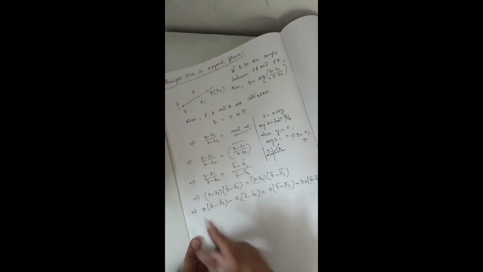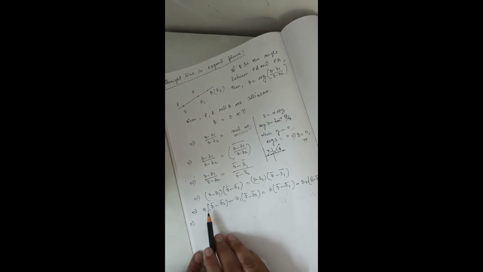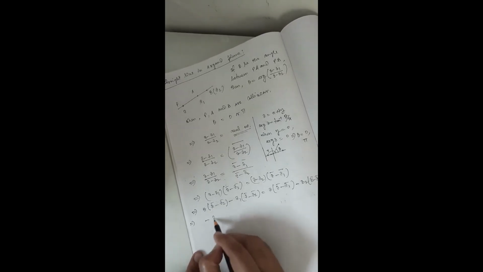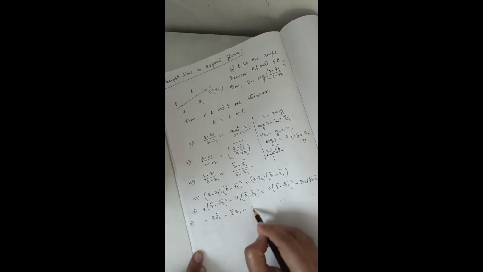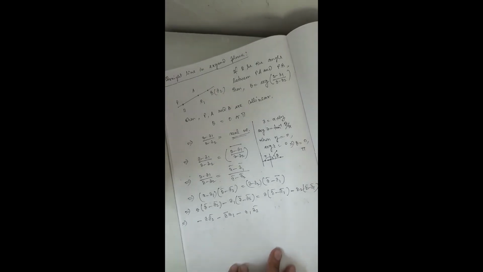So if we simplify, z z bar will be cancelled out, minus z z2 bar minus z bar z1 minus z1 z2 bar.